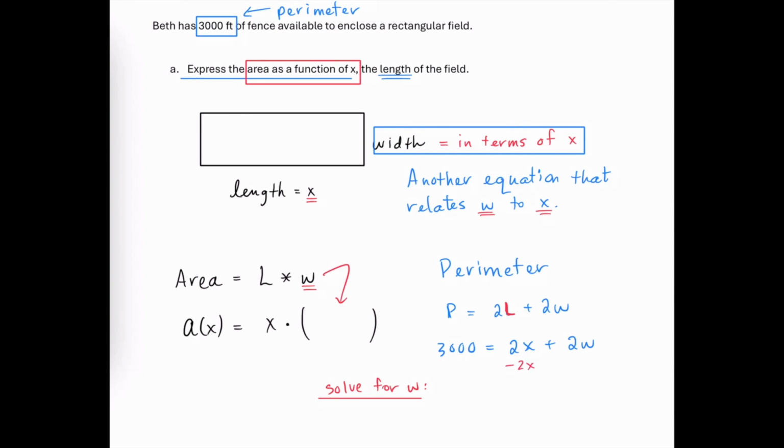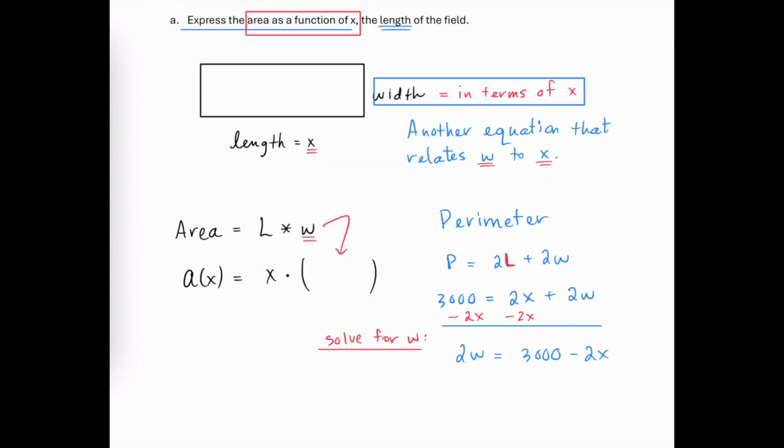So if we subtract 2x from both sides, we get 2w is equal to 3,000 minus 2x. To completely solve for w, we divide both sides by 2 and get that w is equal to 1,500 minus x. We've now solved for w and have a substitution for w in terms of x.